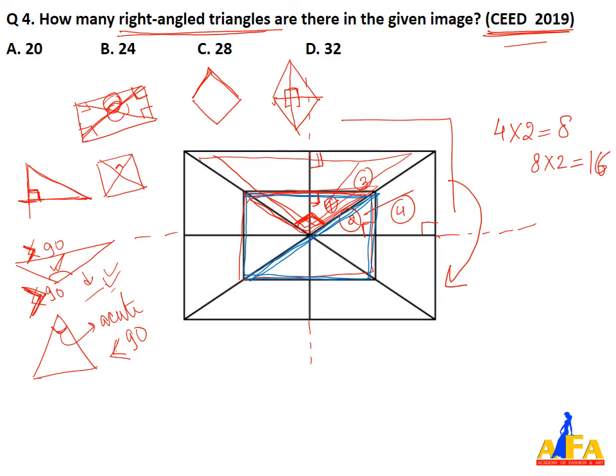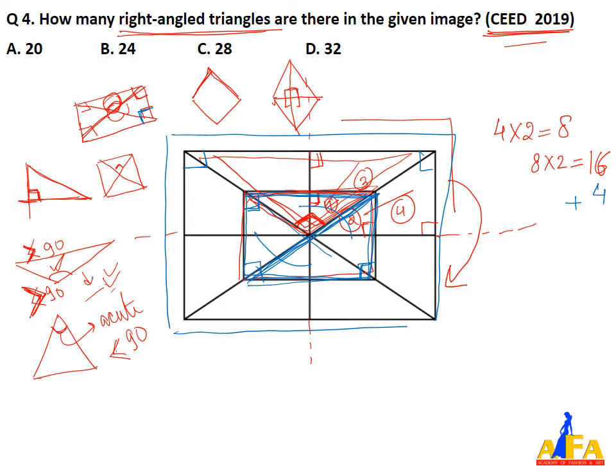What I have earlier said is that they form 90 degree at the corner. So 90 degree at the corner means this is forming the 90 degree. ये यहाँ पे है 90 degree, so this is also forming a 90 degree. अगर यहाँ पे 90 degree है तो this is also forming 90 degree and this is also forming 90 degree. So 16 plus 4 becomes 20, and this is also forming a 90 degree because this shape is also a rectangle.